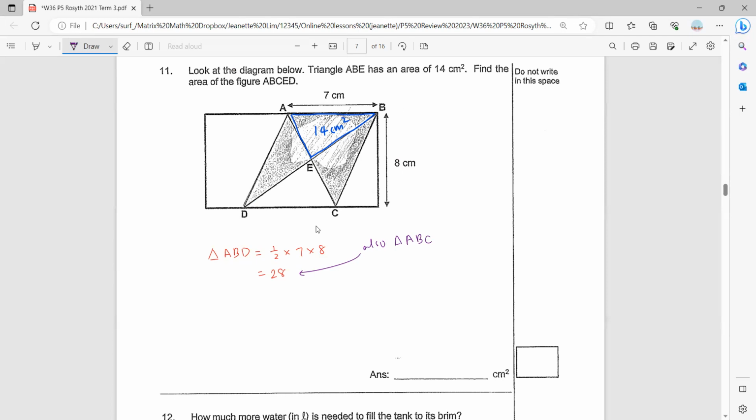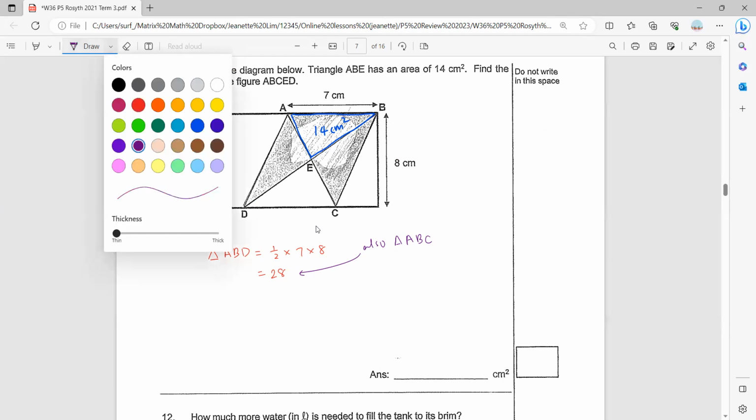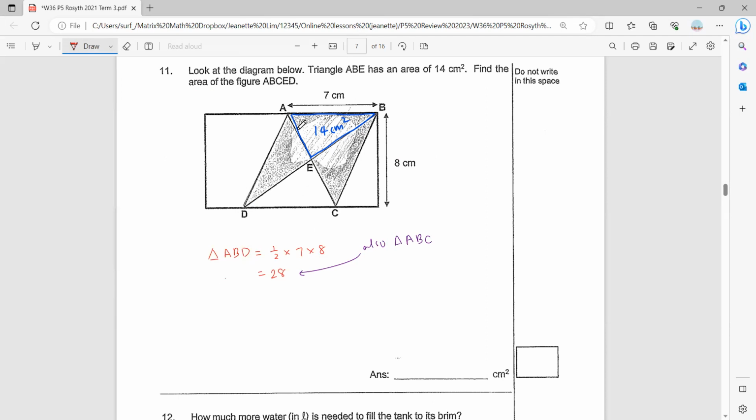Okay, so now let's find this AED or ADE. So I take 28 minus 14. Because this whole thing is 28, right? Then this is 14. So 28 minus 14 will give us this ADE.